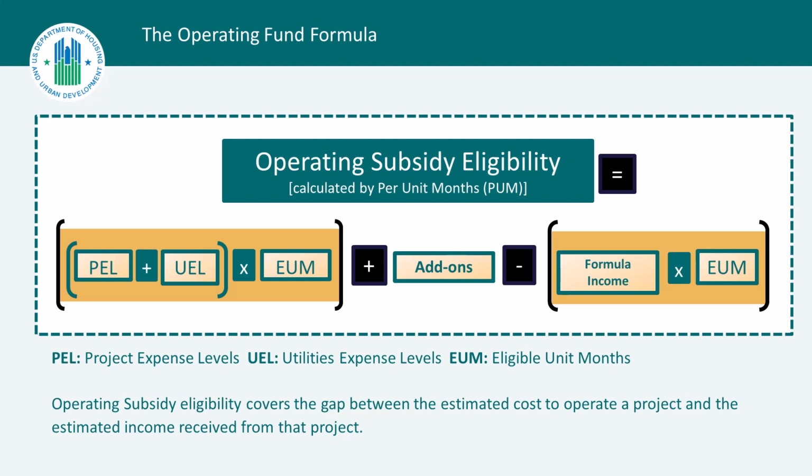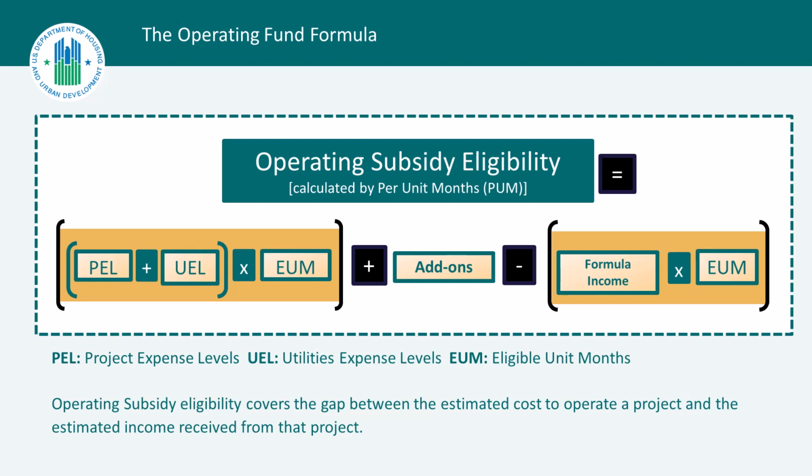First, the project expense levels, or PEL, are added to the utilities expense levels, or UEL, and the sum is multiplied by eligible unit months. Add-on costs, additional project costs that will be discussed later in this video, are added to that product. Then, the product of formula income, or the estimated income received from the project, and eligible unit months is subtracted from that sum.